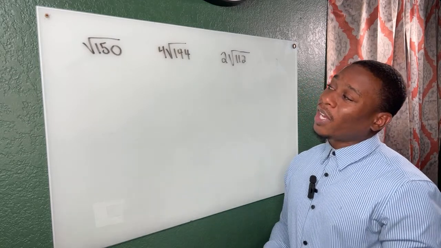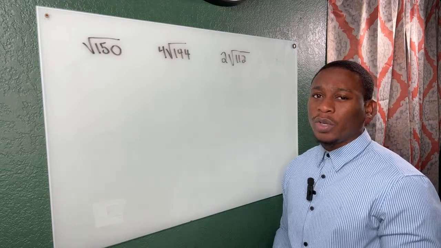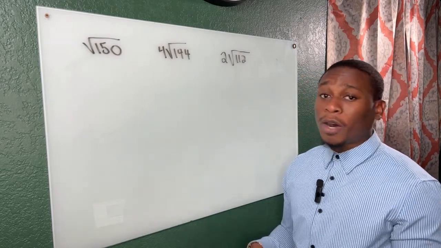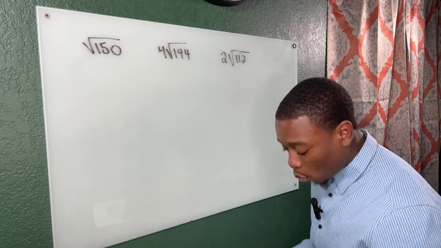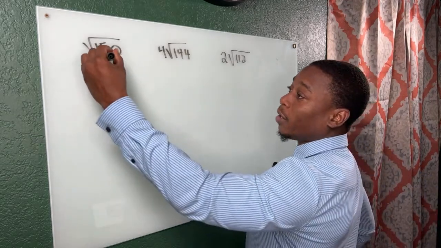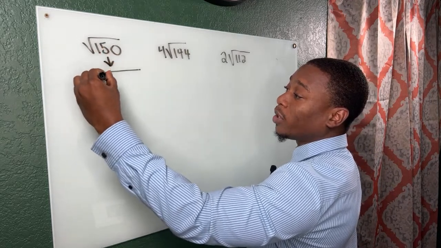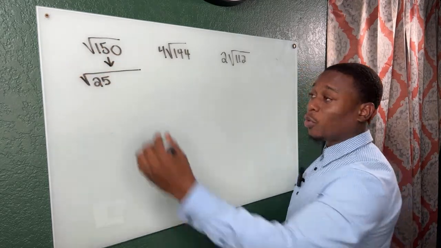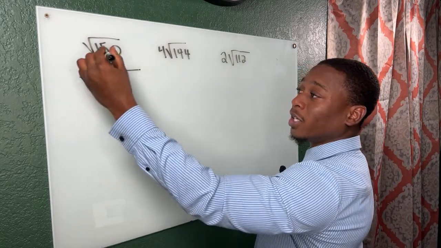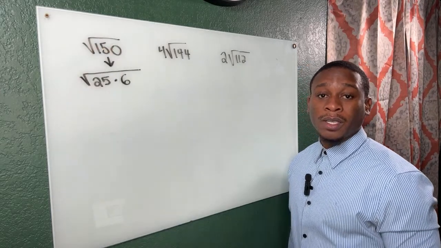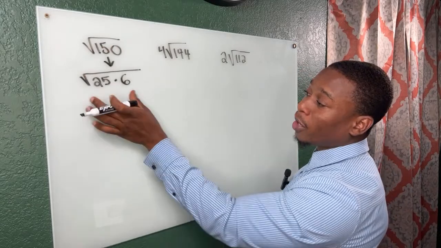Then we go down, we say, hey, can 64 go into it? No. What about 49? No. So when I go all the way down, I notice that the largest perfect square that goes into 150 is 25. And we multiply 25 times 6 to get this radical 150. Now to simplify, I look at both of my numbers.